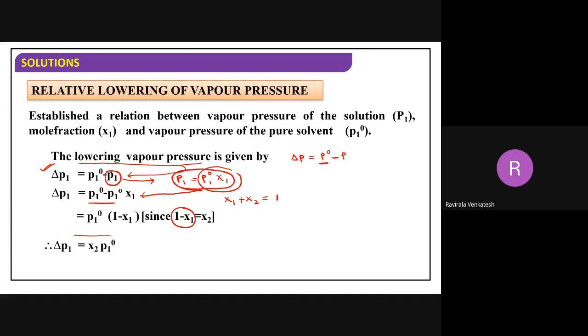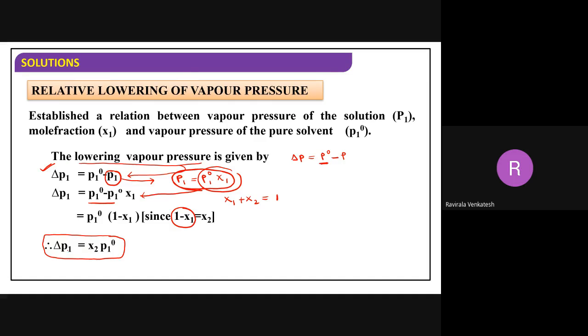This is the formula for the lowering of vapor pressure: mole fraction of solute into the vapor pressure of the pure solvent. P naught means pure nature.